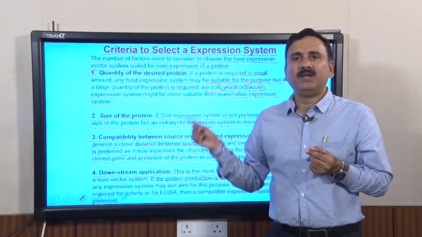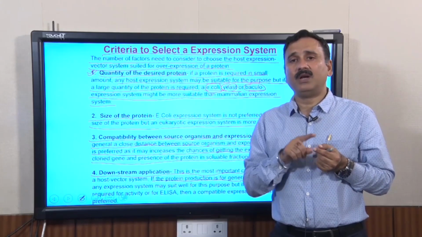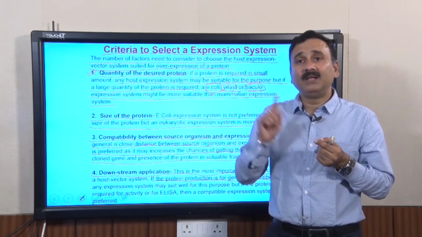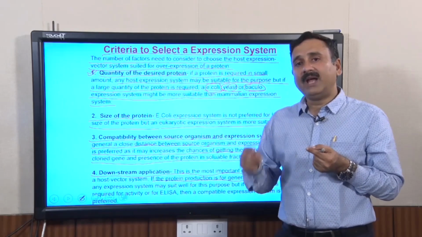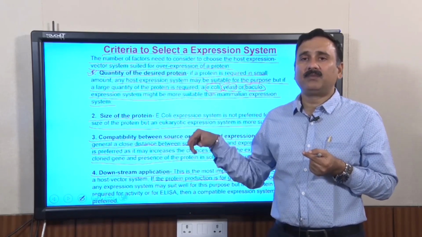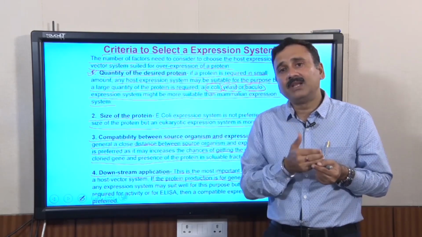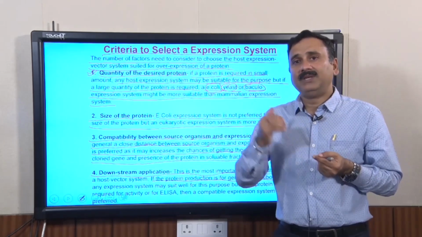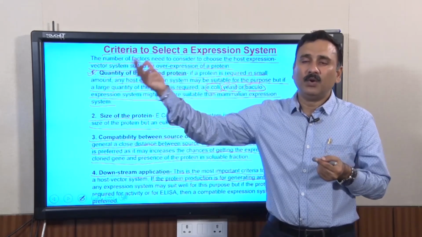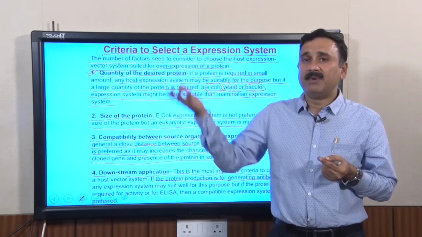So, even if the protein is overexpressed and it is not present in the soluble fraction, or it is not properly folded, even then the antigenic site may still remain conserved, and you will be able to use these proteins for generating antibodies, as well as using this protein as an antigen to develop ELISA kits to diagnose a particular kind of antibodies present in the patient sera.